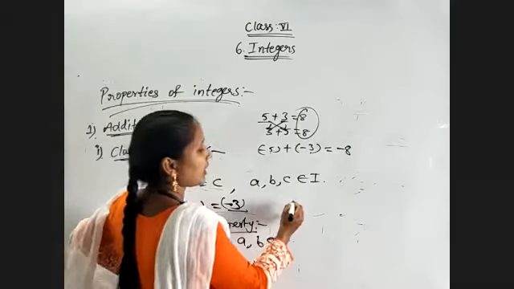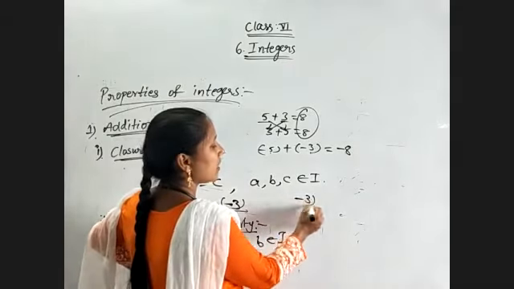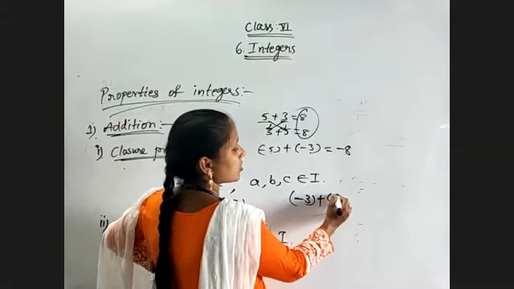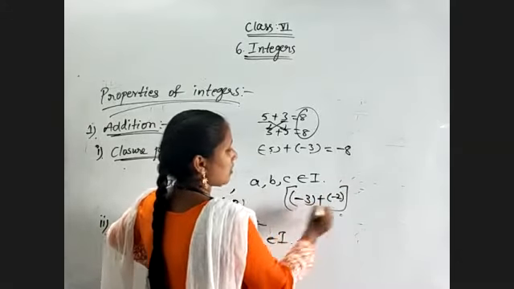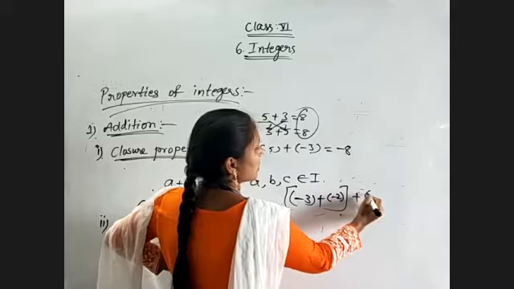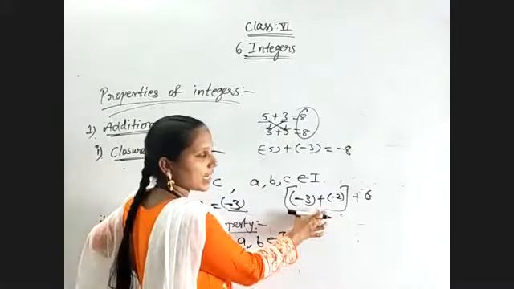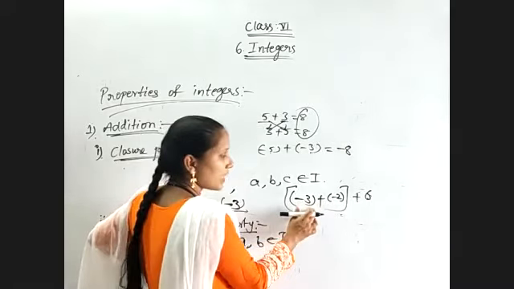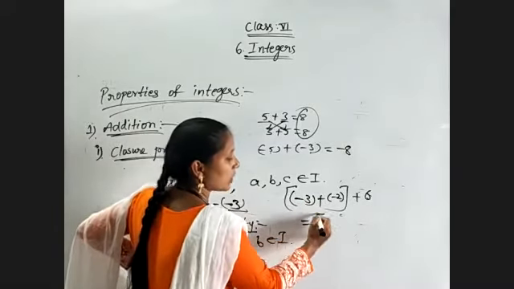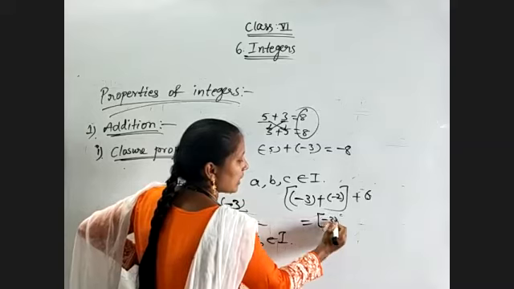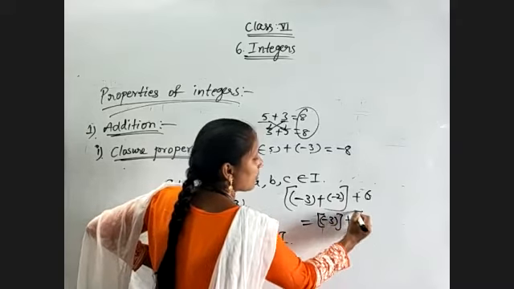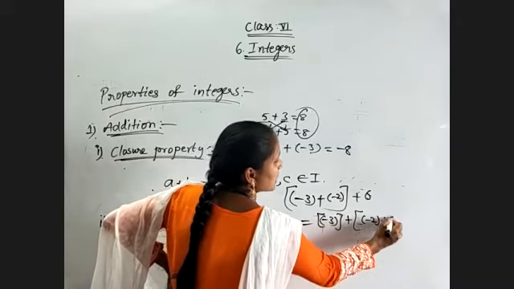Observe, I am taking three values: minus 3 plus minus 2, first I am putting a bracket for these two numbers, means I need to finish this operation first, and plus 6. We need to show that this equals minus 3 plus the bracket of minus 2 plus 6.